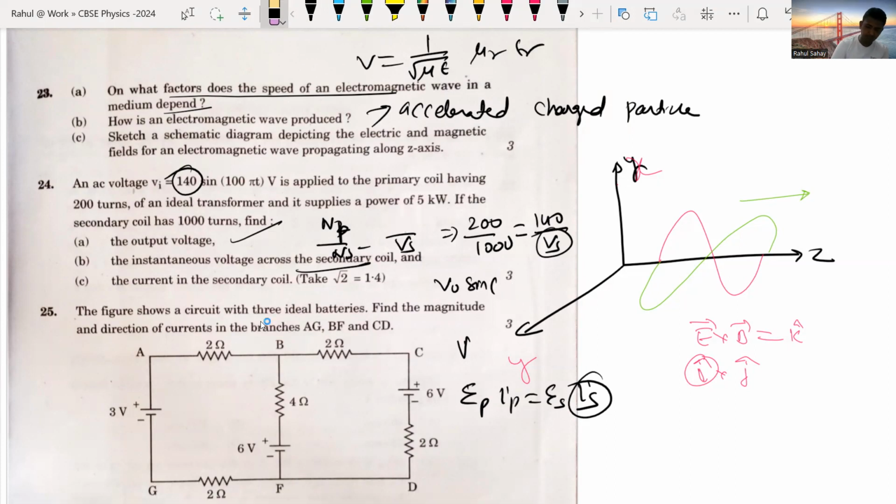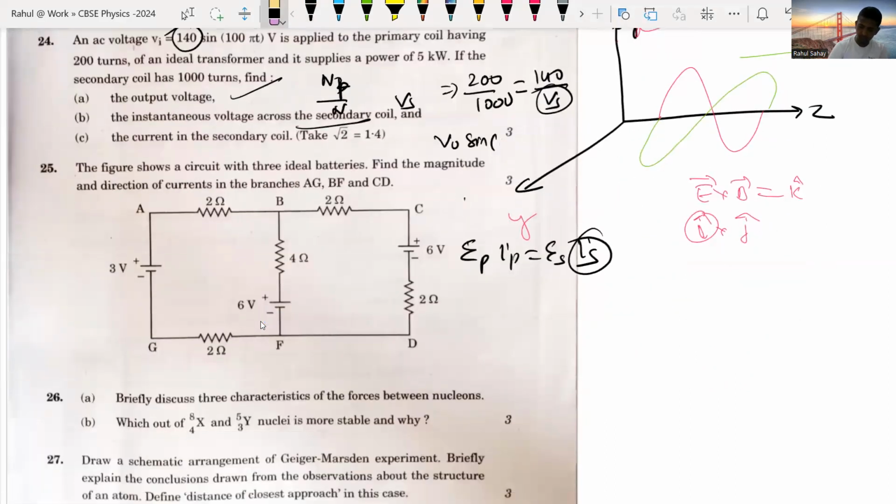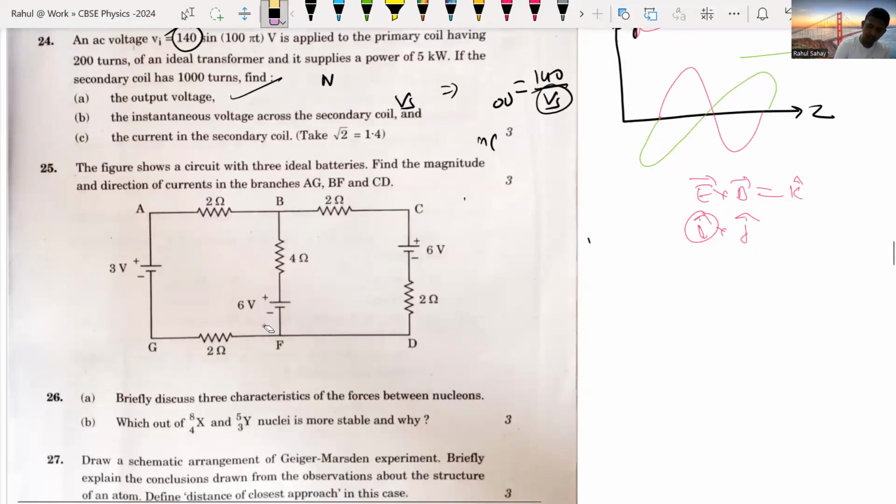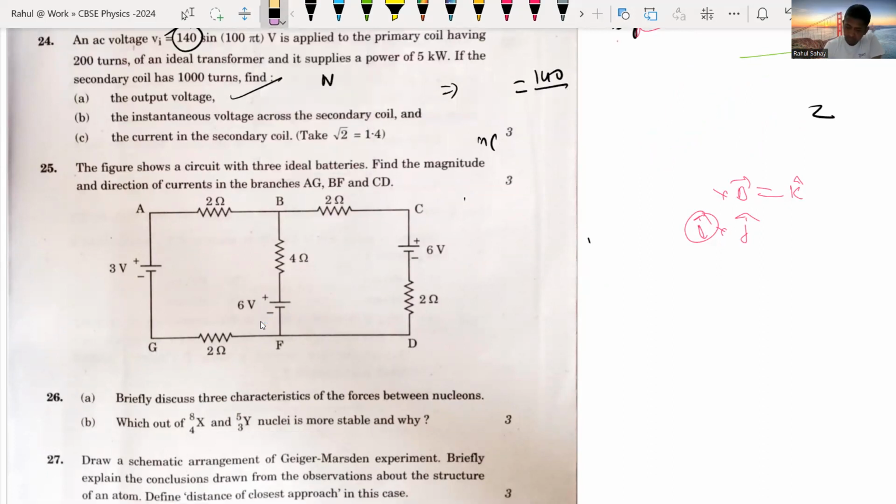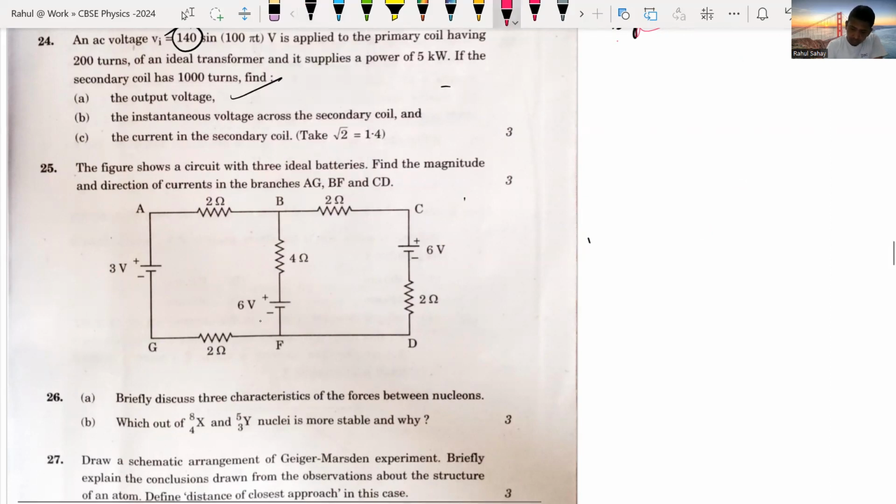Coming to the 25th. So we take out the current from anyone, I. This is I1.